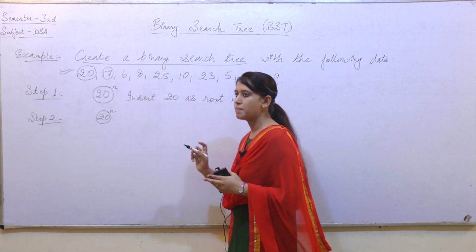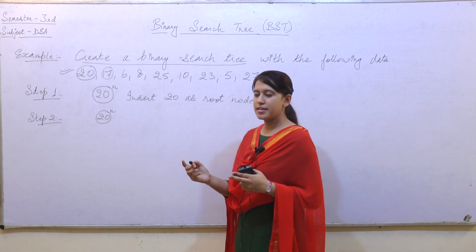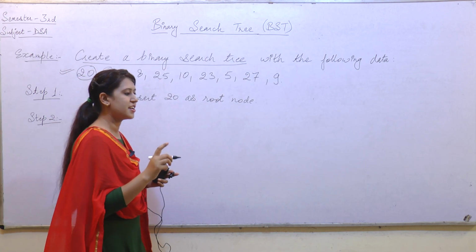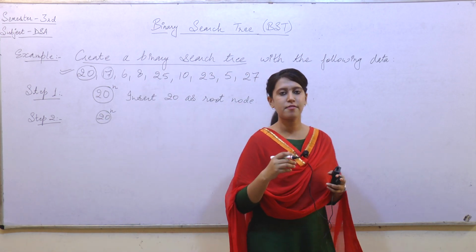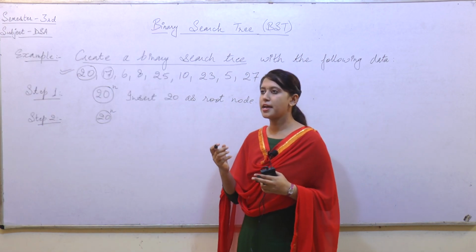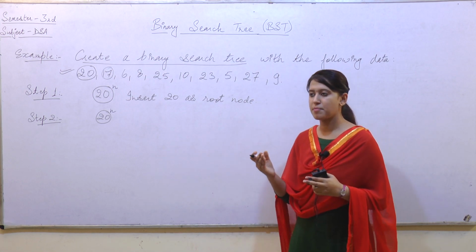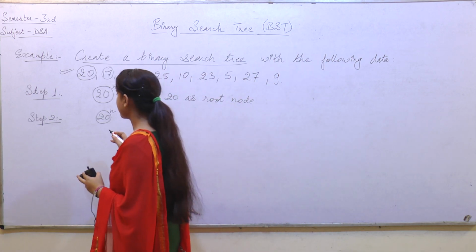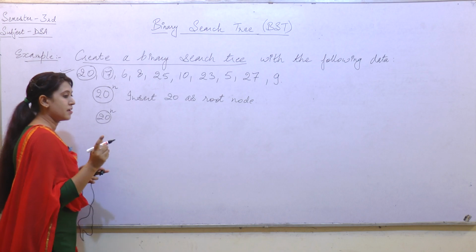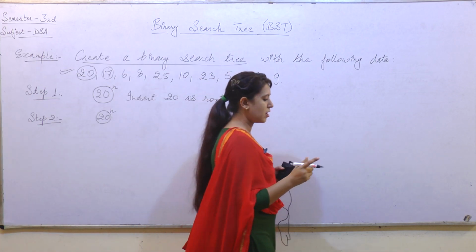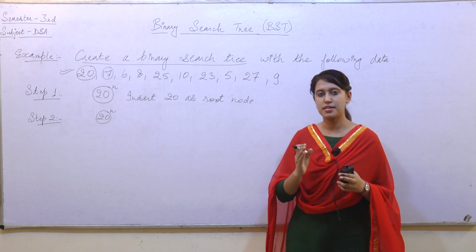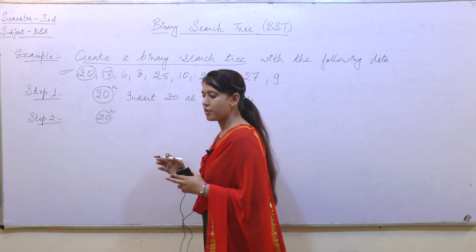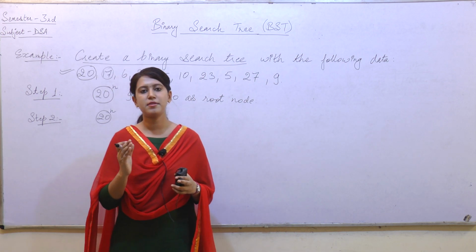Before inserting 17 in our tree, we will check the properties of the binary search tree. The property stated that the elements which are less than the root node will always be inserted on the left side of the binary search tree, and the elements which are greater than the root node will always be inserted on the right side.